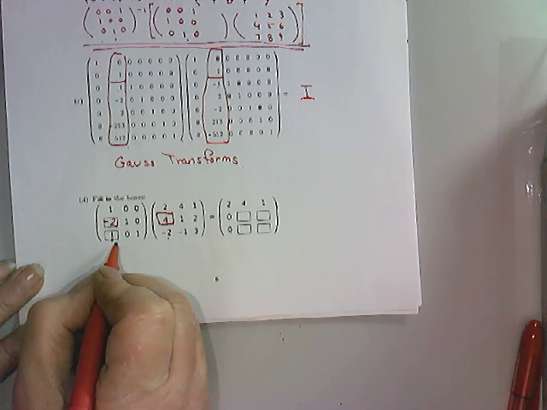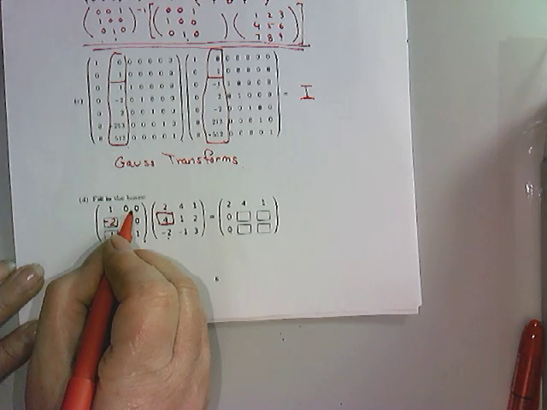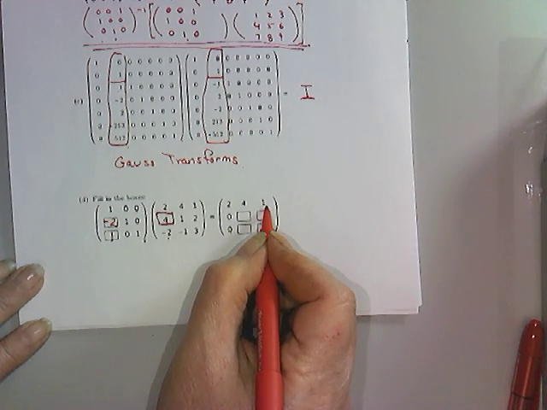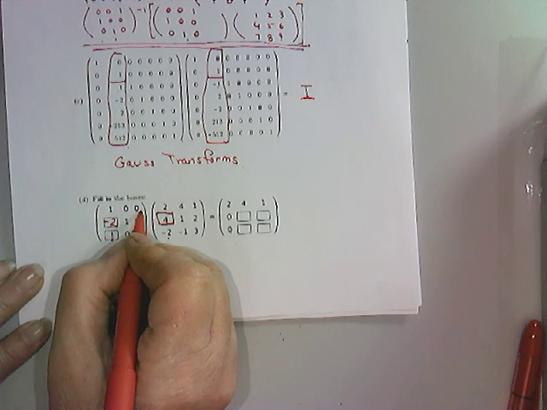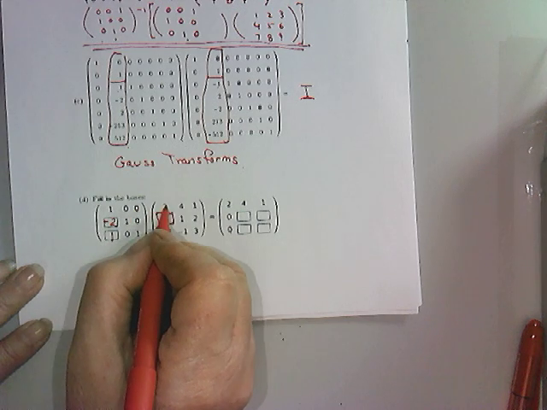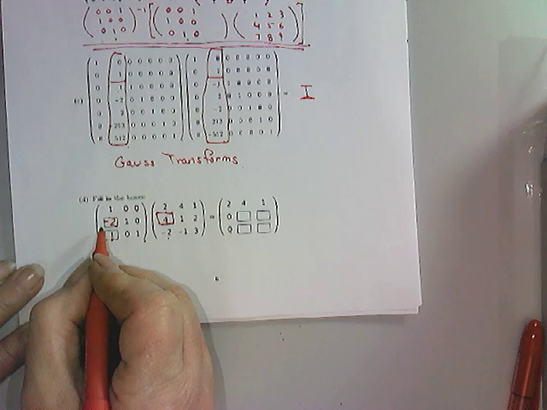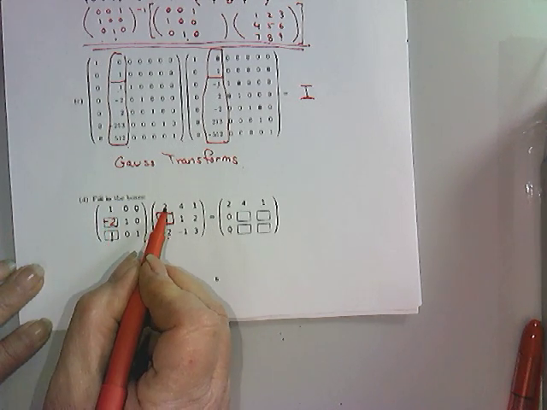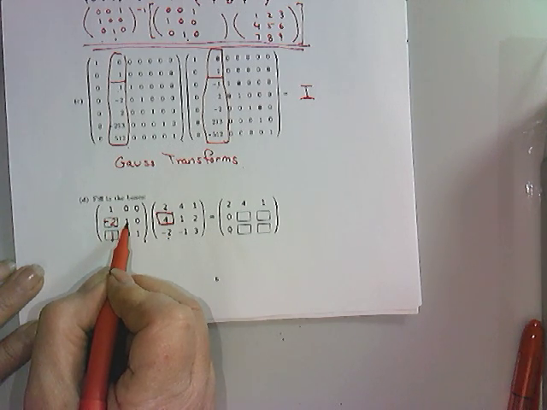Now if we multiply this matrix times this matrix, the first row doesn't change at all. Multiplying by the transpose of the unit basis vector 1, 0, 0 doesn't change the first row at all. The second row, what we're going to be doing is taking every value in the first row, multiplying it by negative 2 and adding it to the second row.